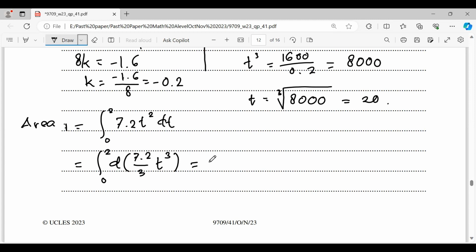But 7.2 over 3 is 2.4, so 2.4 times 2 cubed minus 0 cubed. 2.4 times 8 is 19.2. I have to calculate first with my calculator.